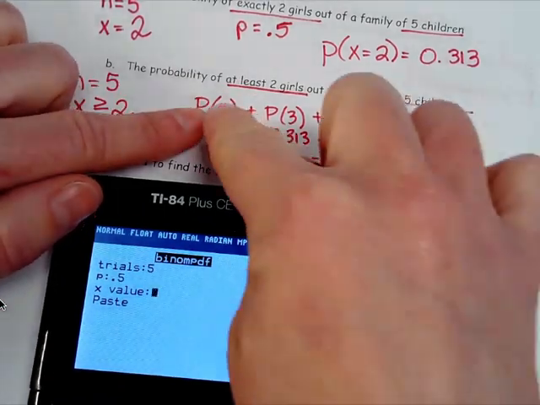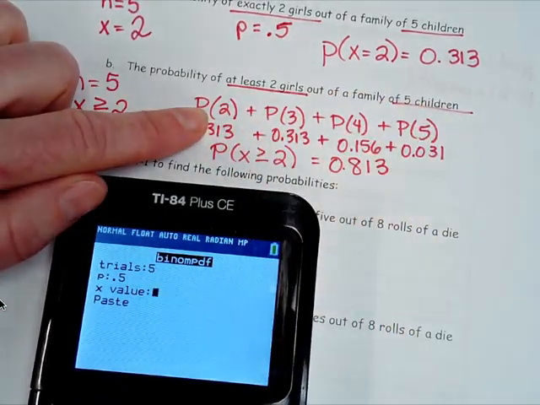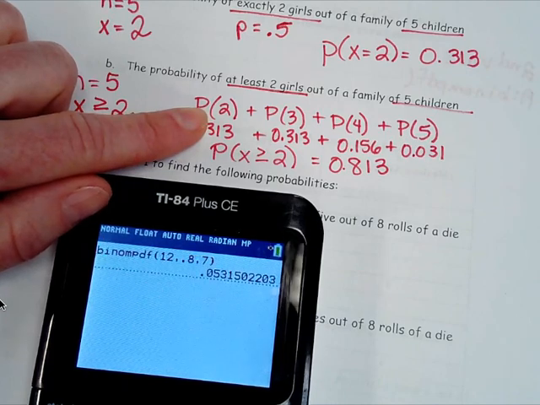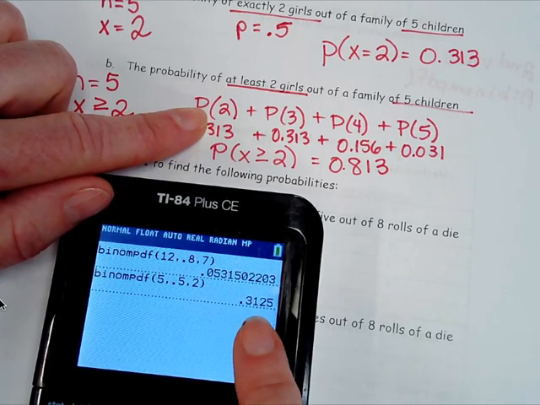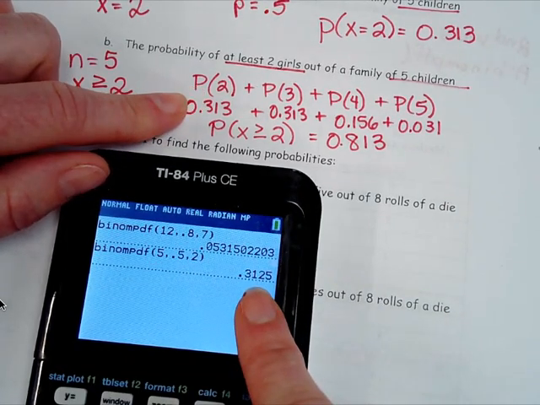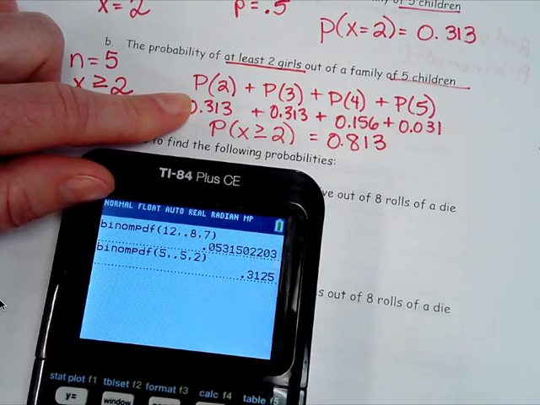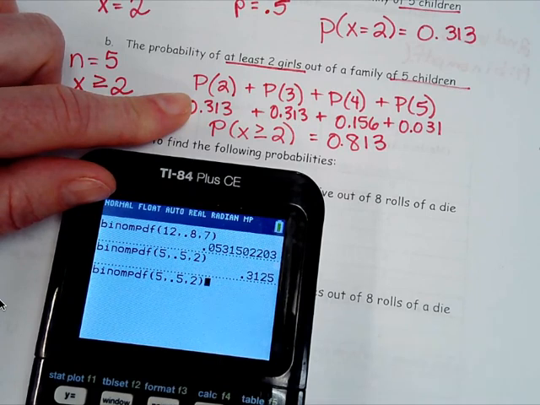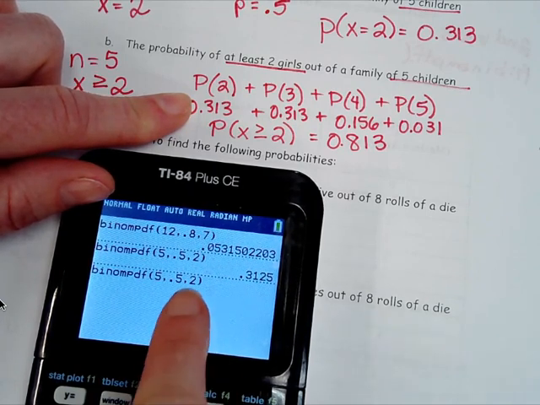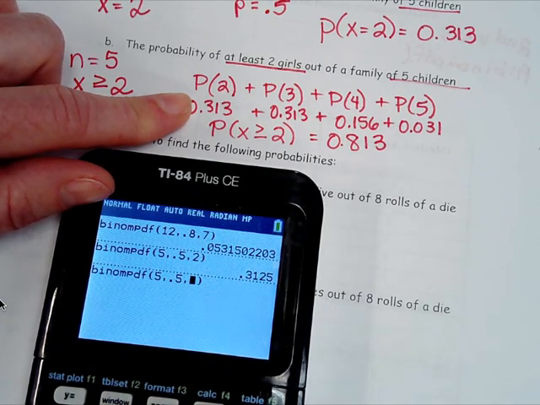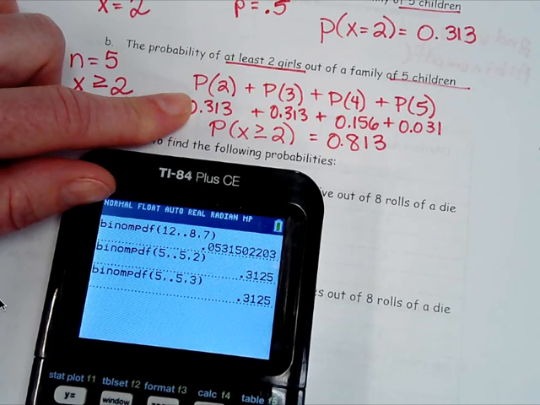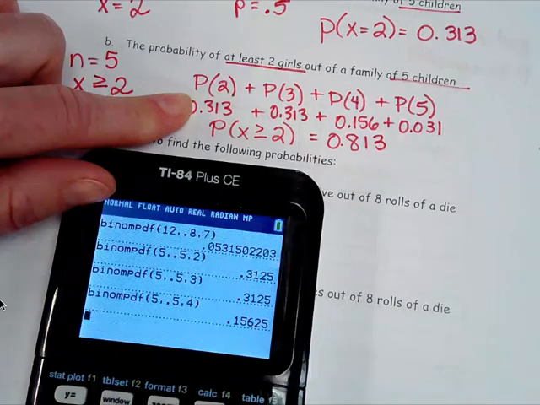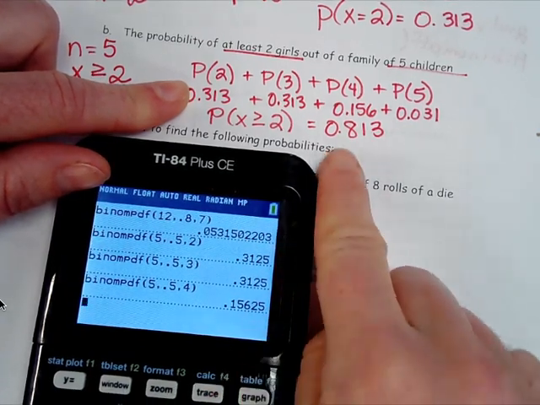The x values were 2, 3, 4, and 5. So we're going to put in 2. And then it gives us that amount. And then if you're using the same information, you can actually arrow up and bring it down. And the only thing you're changing is the last number. So that would be 3. And then go here. We want 4. See how we're getting the same numbers?